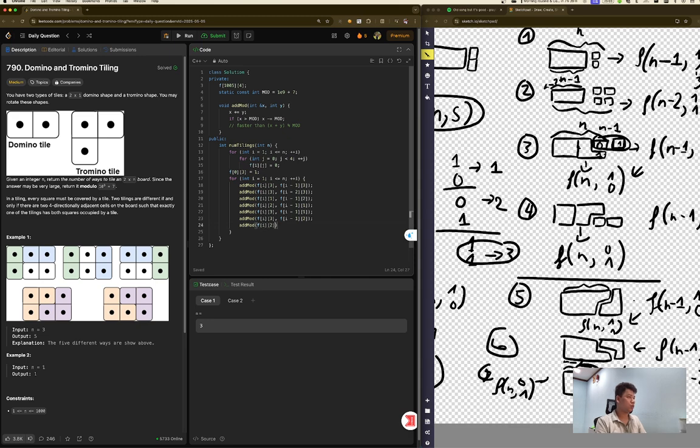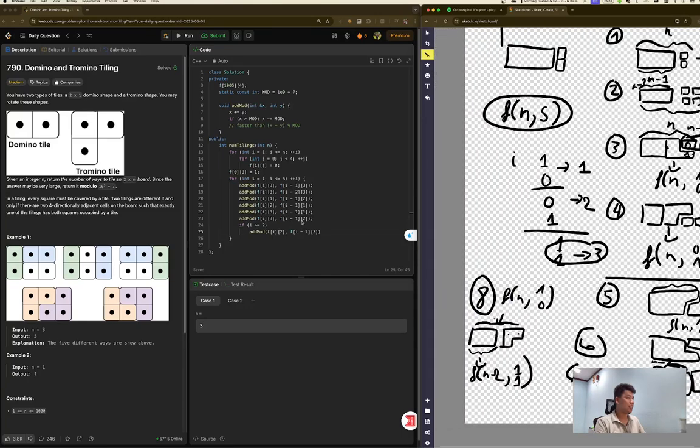F(n, 0, 2) gets F(n-1, 2), and the fully filled state is 3, but this only happens if we have more than 2 columns previously, right? The same as the last case. This case is the same.